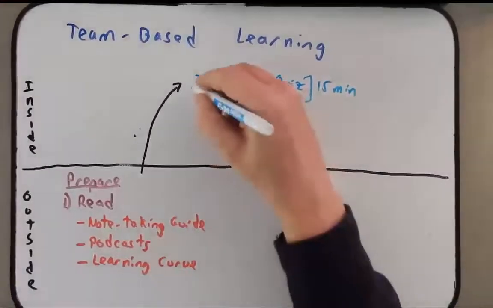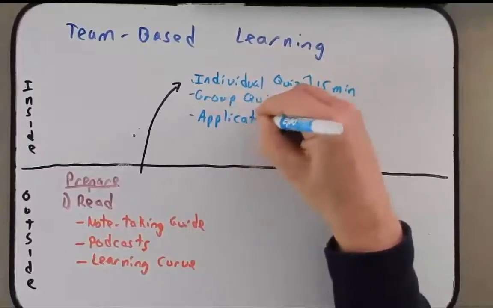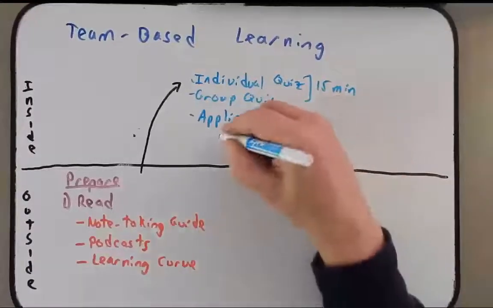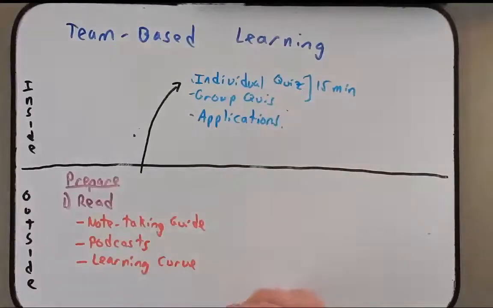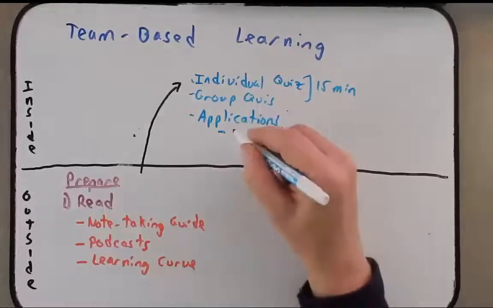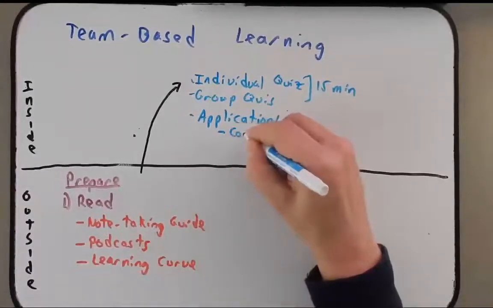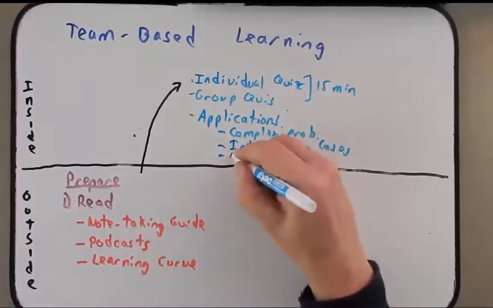After this, we'll work on applications, which could be various activities or cases that build from the basic knowledge you learned on your own. The advantage of this is that in class we will be able to spend time working on complex problems and interesting cases, and it will help you prepare for the exam.